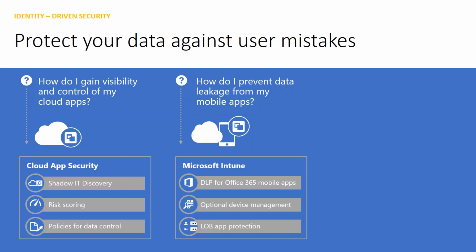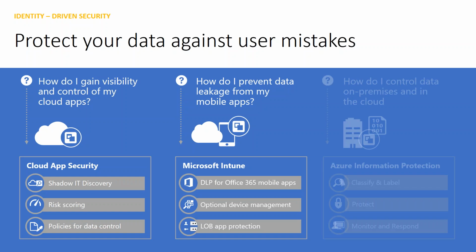If that user leaves the organization, those emails have gone with him or her. How do I protect against that? How do I make sure that, you know what, I'm going to allow you to use your own devices, but we're going to manage the company data on those devices? We'll talk about that in a moment in a little bit more detail.